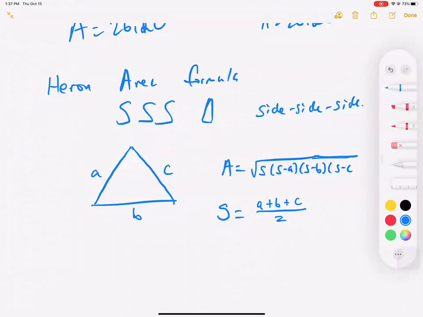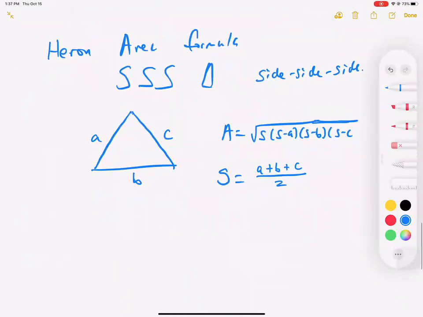So for this triangle, let's come up with a problem. Here's my triangle. If I give you guys the numbers 5, 3, and 4. Let's find out what the area of the 3, 4, 5 triangle is.